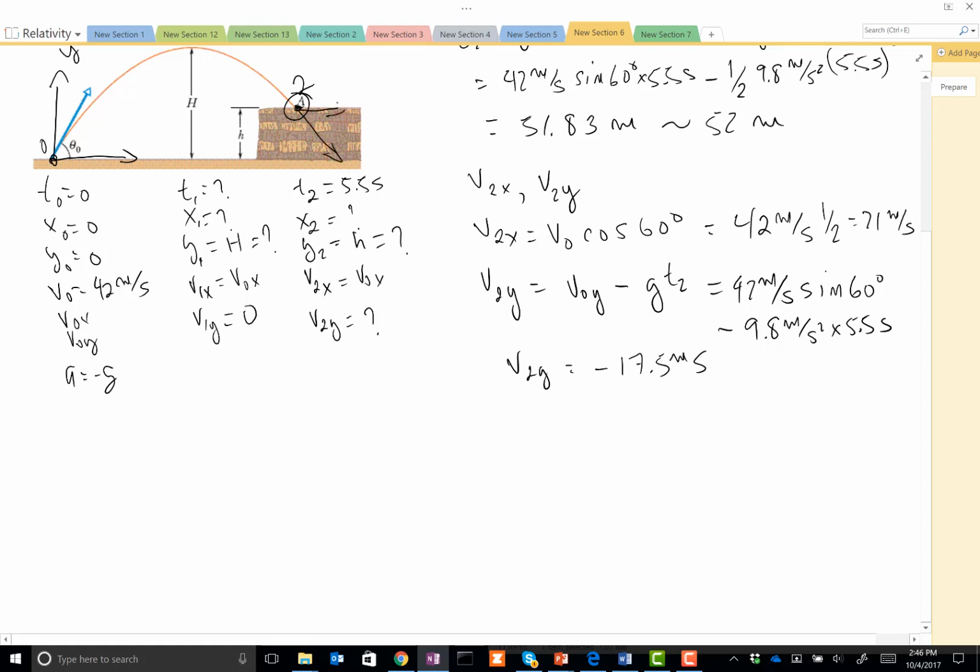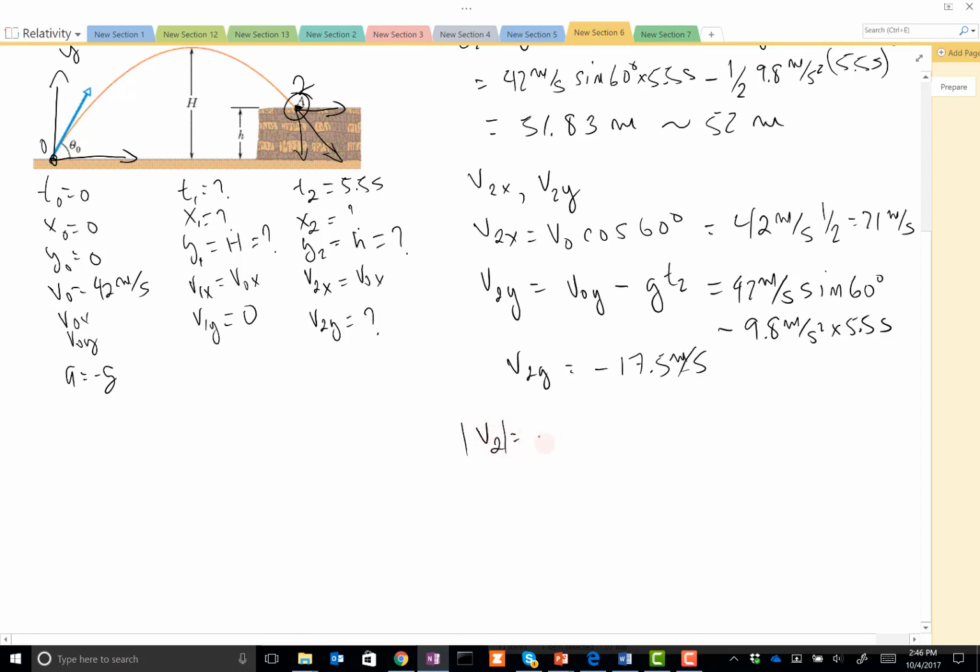It has an x component, which is 21 meters per second, the same all the way through. And it has a y component, which is negative, minus 17.5 meters per second, right? So now we need to find the speed, v2.